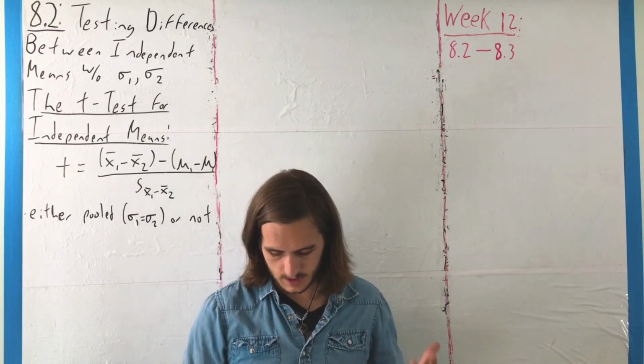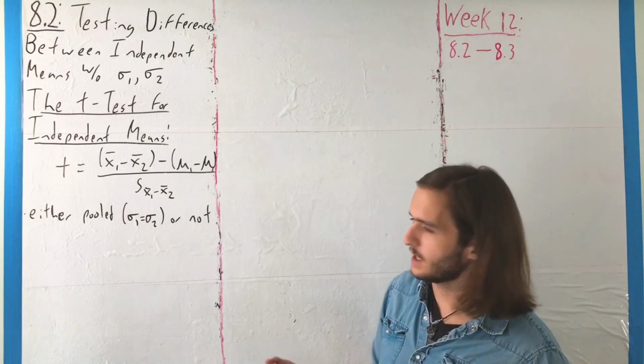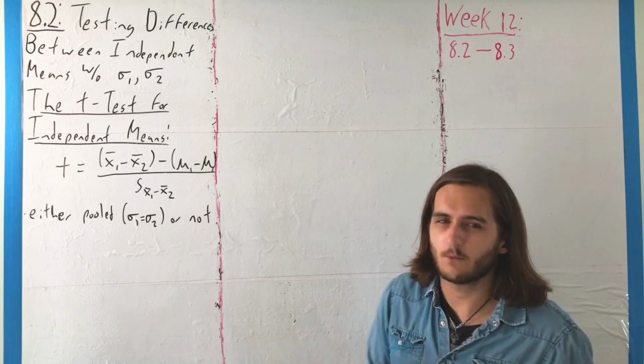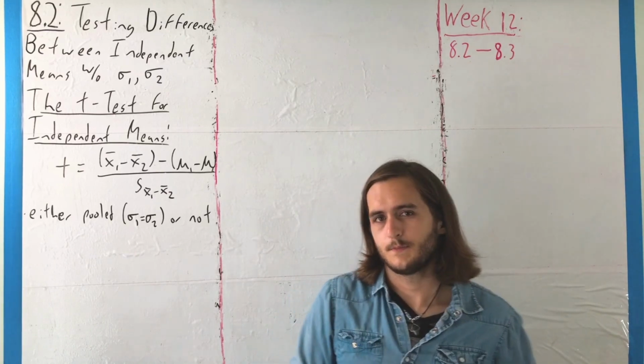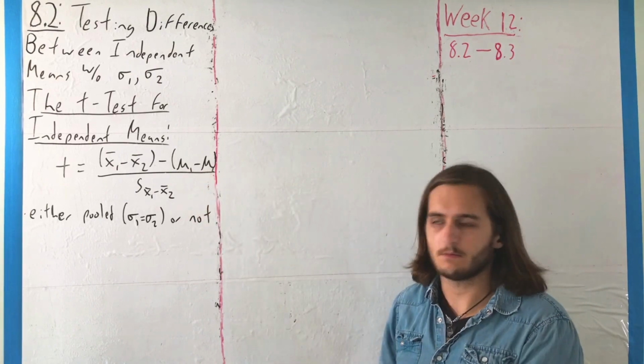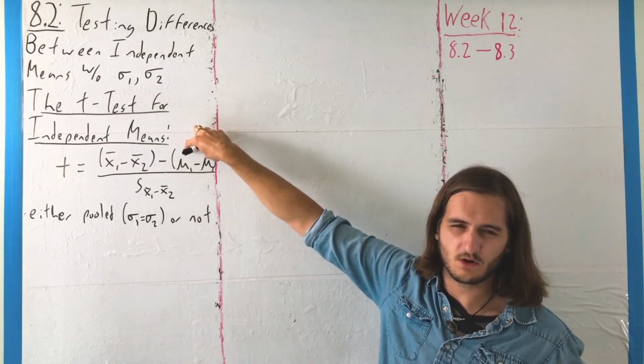It's important to understand that when we're taking these kinds of tests, because there's always at least included somewhere in the null hypothesis that the two population means are equal, this term we generally take it to be 0.